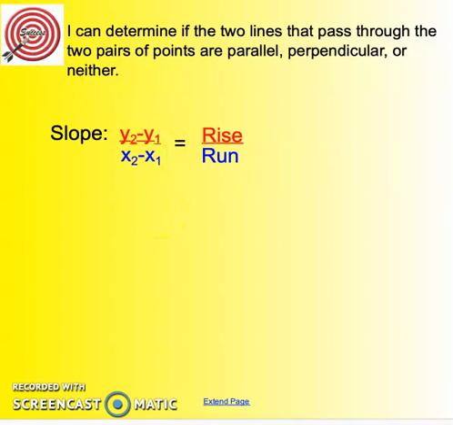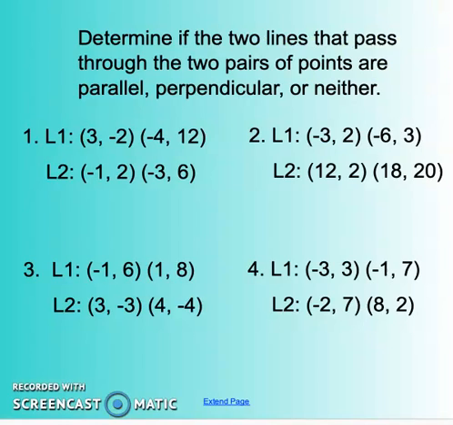We are going to use that today. Here's the information that we have been given. We have 4 problems, with 2 points for each line, and we need to decide if the lines are parallel to each other, perpendicular, or neither.